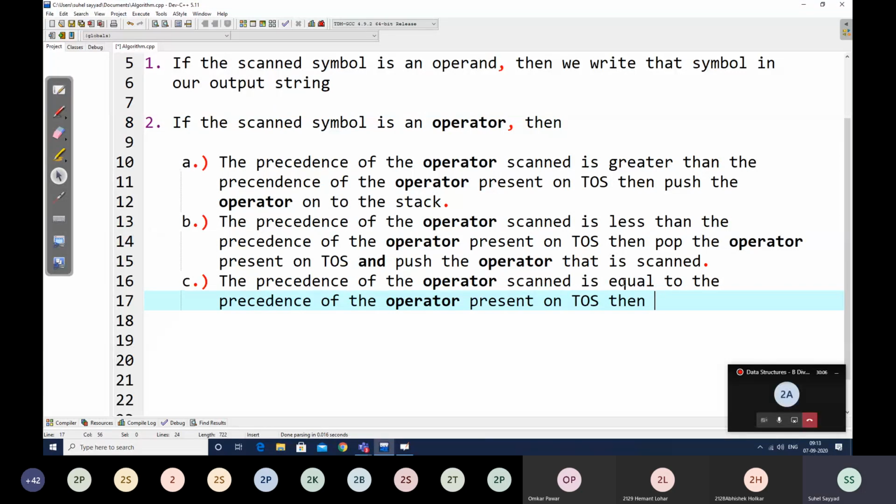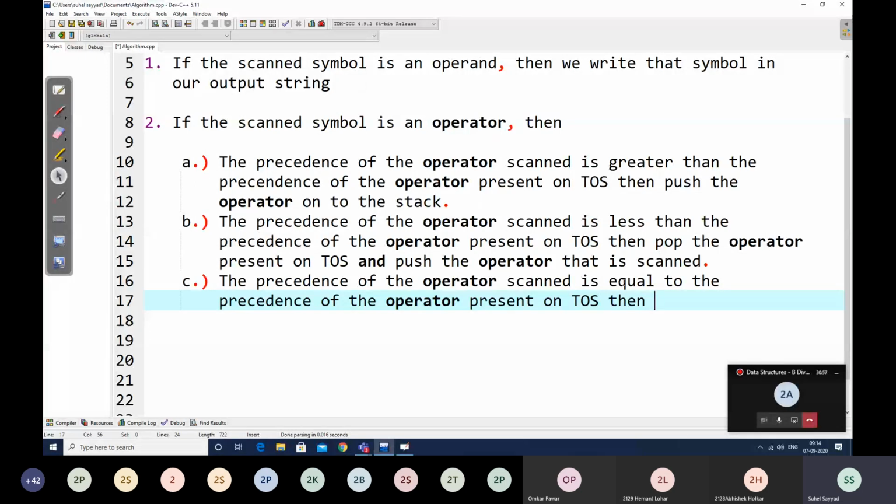So this will also fit into case 3, that is case C. Equal precedence doesn't mean that they are always equal operators. In the first example, you are scanning minus and minus is on top of stack. Second, you are scanning plus and minus is on top of stack. Or you are scanning minus and plus is on top of stack. Or multiplication and division. Or division and multiplication.